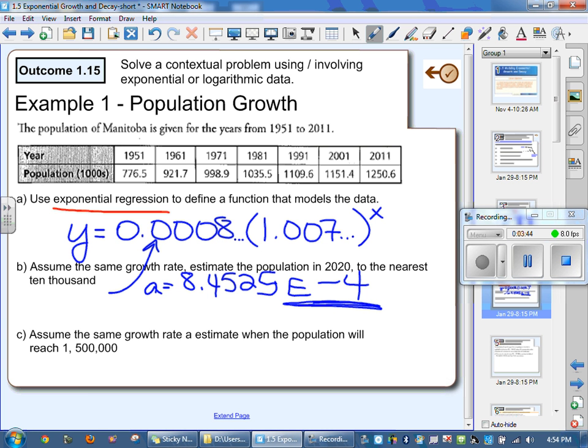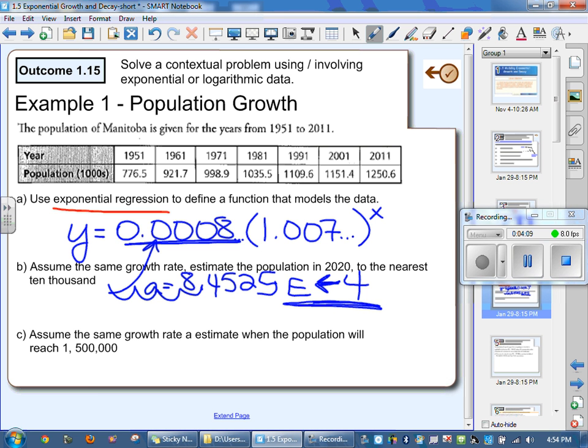The negative sign means we move the decimal place to the left 4 times, and I get the answer I created here, 0.0008. You're going to get the exact same thing with the b value. It would have given you a long decimal, and we're just going to round to 3 or 4 decimal places.